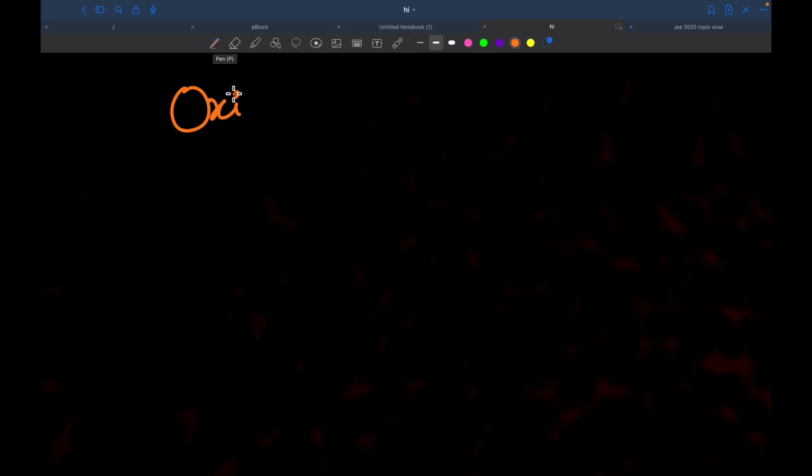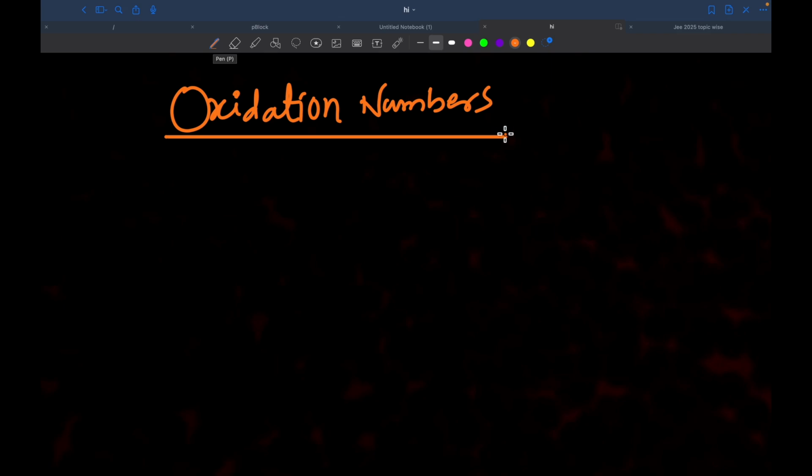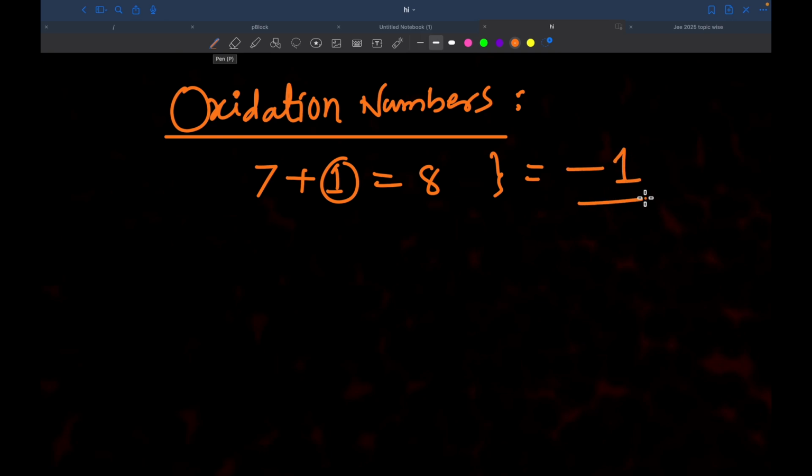Oxidation numbers. In oxidation numbers, what we have to check is how the electrons get transferred. They have 7 electrons. Initially we said that they need 1 electron to get the octet configuration. Therefore, the general oxidation number of this group is -1.